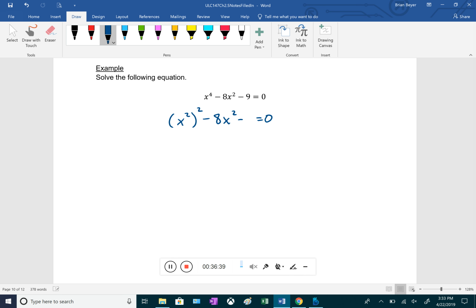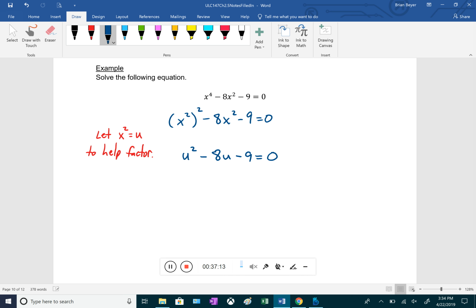Something I'm going to do here, you don't have to do it, but it might help you factor it. I mentioned it when I wrote the above example: let x squared equal another variable, so I'm just going to use u. I'm only doing this to help factor if you need help factoring. So instead of x squared, we have u, so it's u squared minus 8 times u minus 9 equals 0.